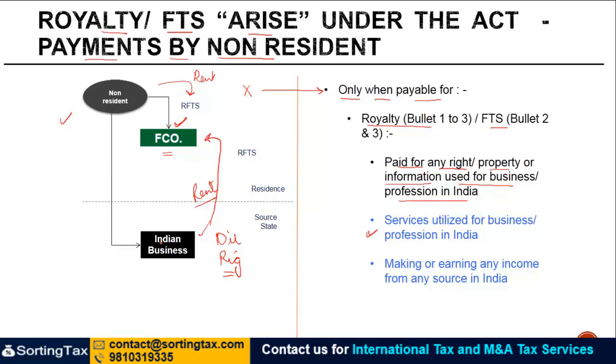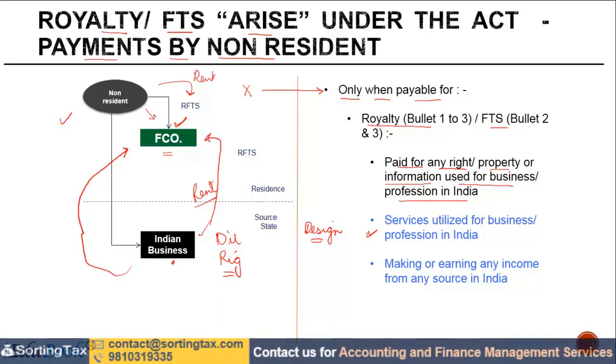Second, services utilized for business or profession in India. So suppose, take an example here. If there are design or drawing services which are being rendered by the Indian business, it subcontracts a part of it to a foreign company. And for the subcontracting, the payment is made directly by the non-resident, right?